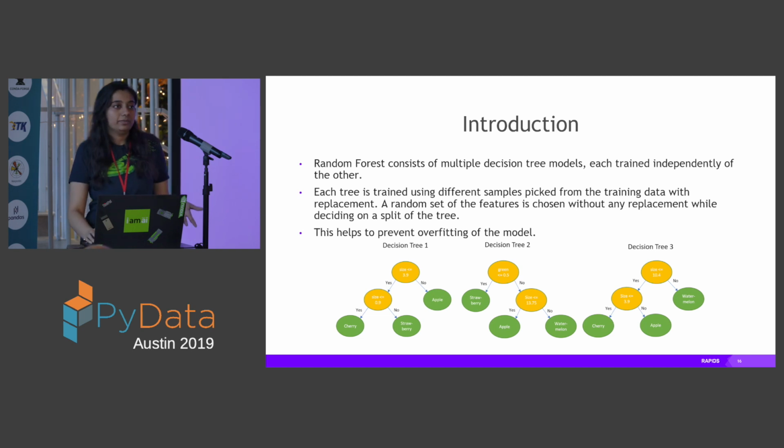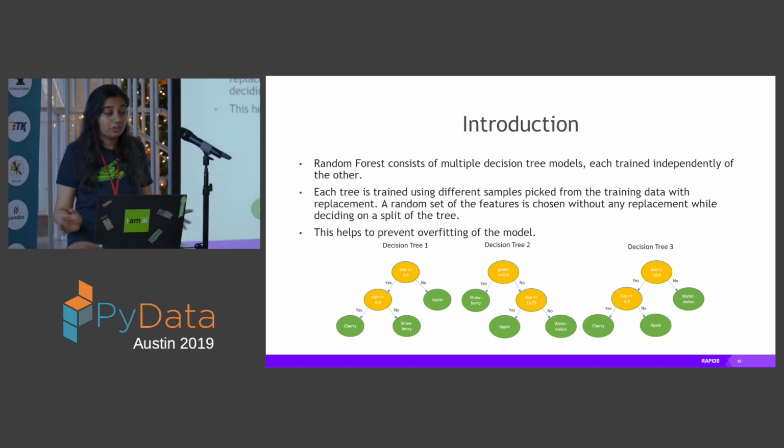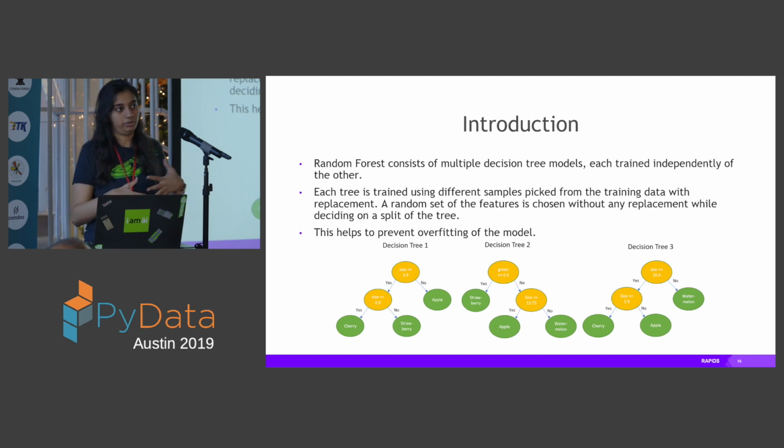Now, Random Forest. Random Forest is a very famous and well-liked algorithm in the data science community. As an introduction, in case someone's not familiar with it, it consists of multiple decision tree models, and each of these models is trained independently of the others.